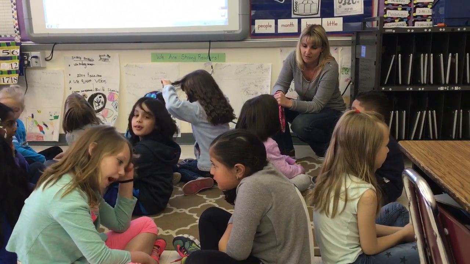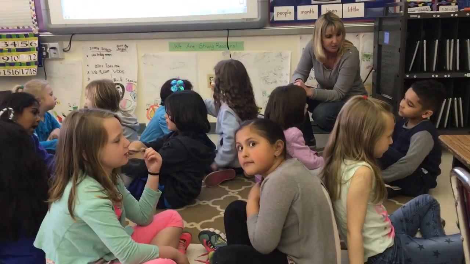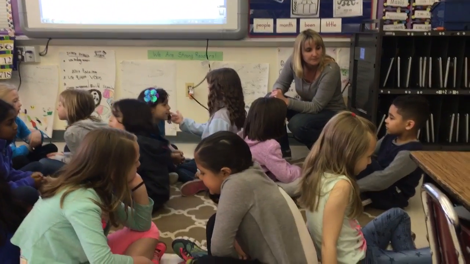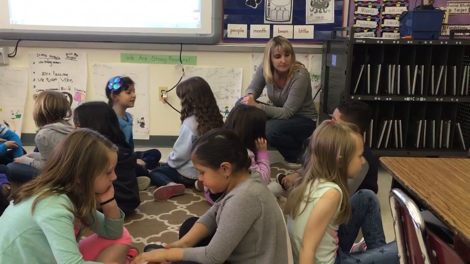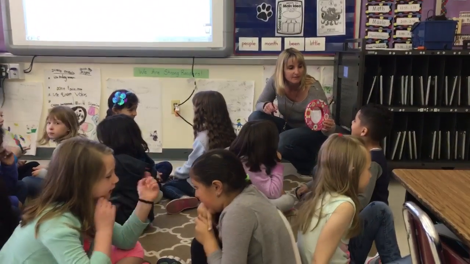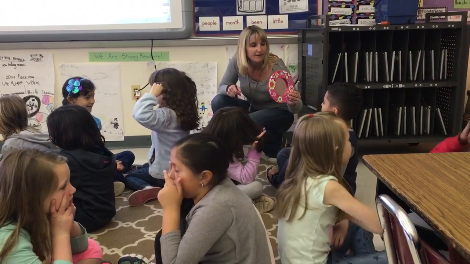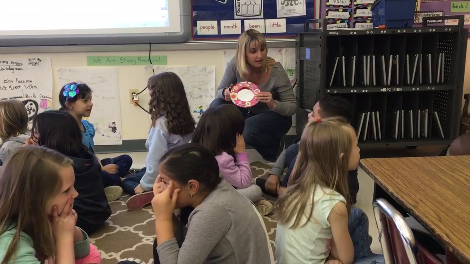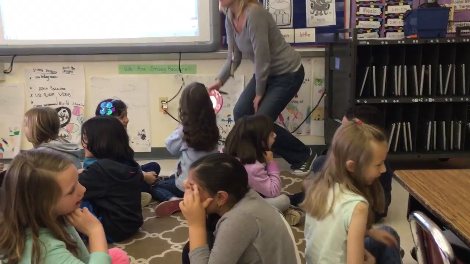Okay, what's another one? Good. Brown hair and tan skin. Good. All right, Sean, what are you saying? Yellow hair. Okay. Absolutely, you have brown hair. Yeah, very good.